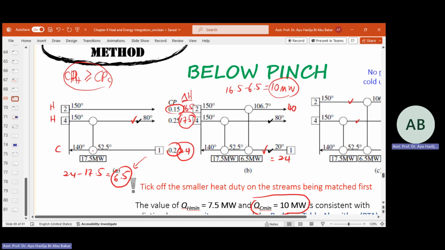Listen. Now, the first heat exchanger for stream 1, it supplies 17.5. Okay, which not meeting the requirement. So not meeting the T target yet. Now, how to know it reached until what temperature? How to know with this 17.5, it reached up to what temperature?